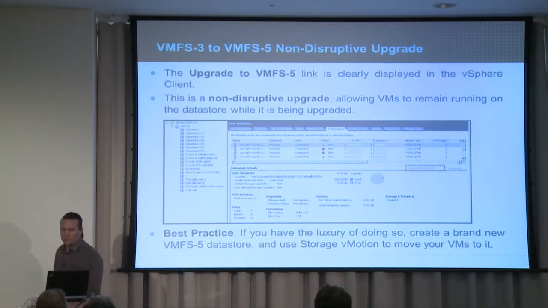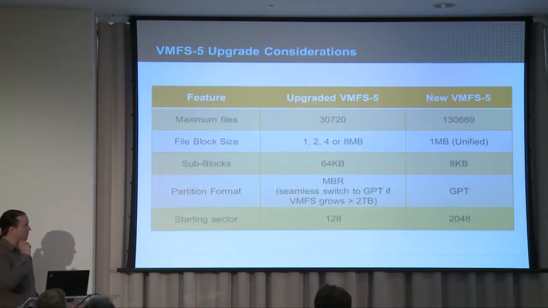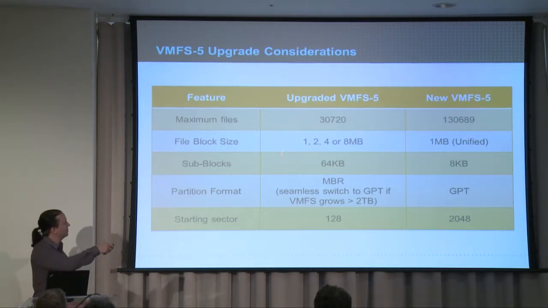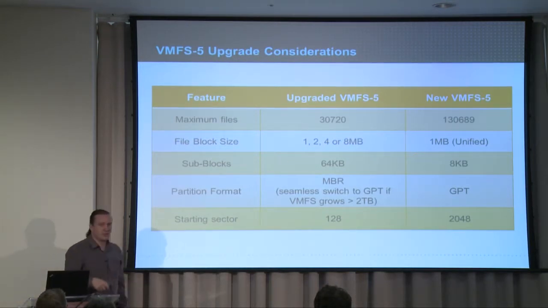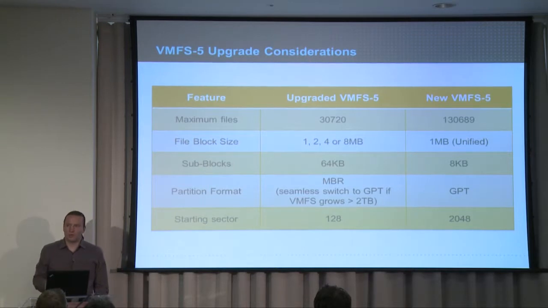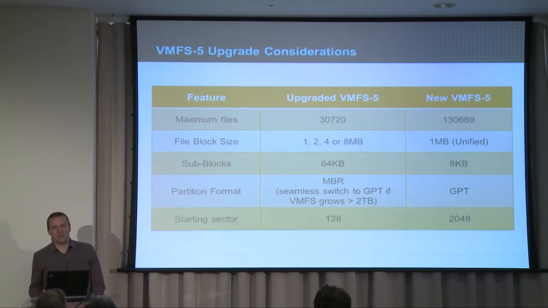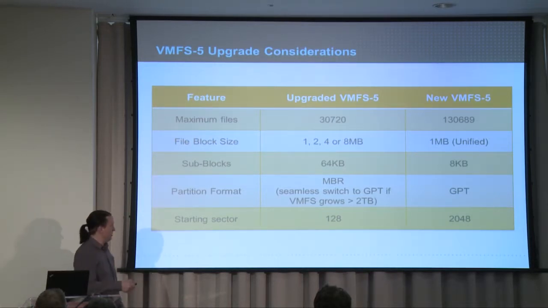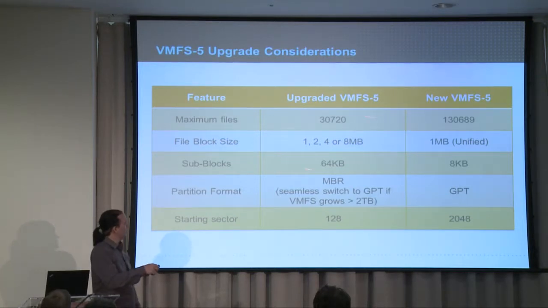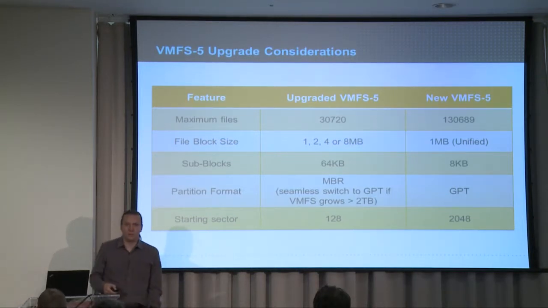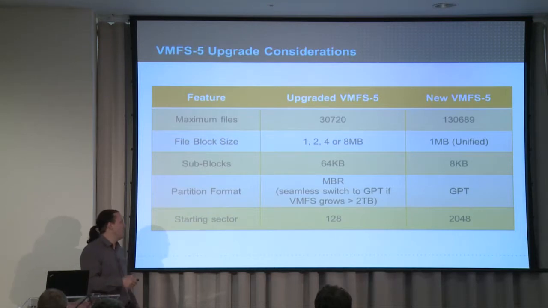There is a problem with upgrading to VMFS-5. And the problem is that none of this is upgraded properly. You're much better doing a new VMFS-5 rather than upgrading an existing VMFS-3 and doing Storage vMotion across. Because your file block size stays at 1, 2, 4, or 8, whatever it was before on VMFS-3, and you get all the other stuff.